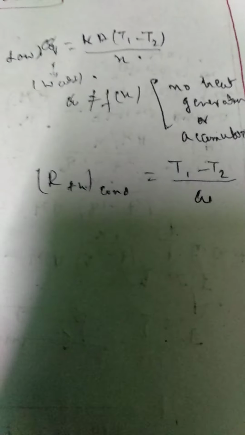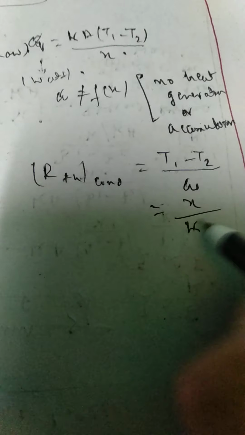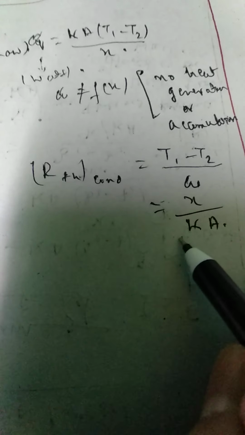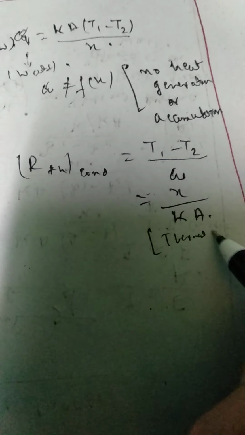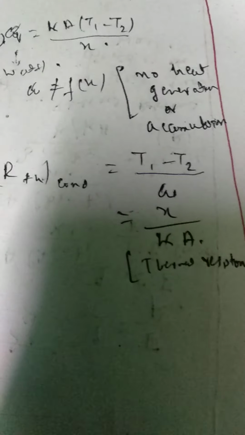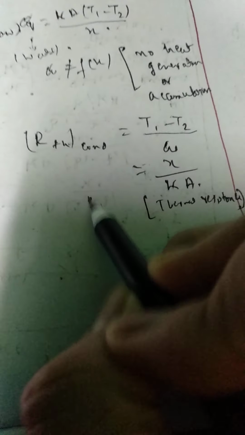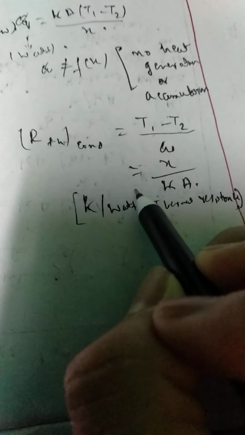You know this from the analogy, and this will be equal to X by K. So this is the thermal resistance in conduction. You already know this. The unit of thermal resistance will be Kelvin per watt.